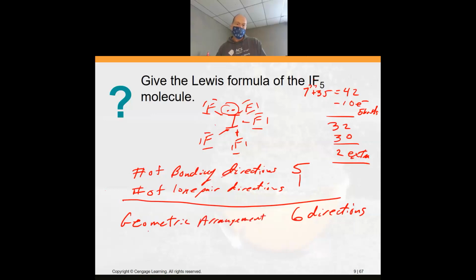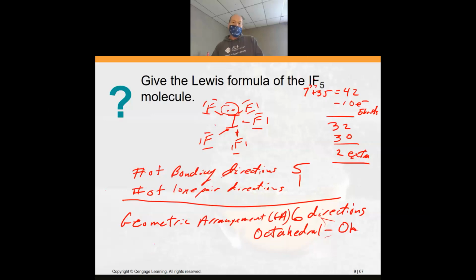All right, so geometric arrangement, I will always write GA. That means geometric arrangement. Every time you have 6 directions, your geometric arrangement is going to be octahedral. And again, OH is going to be my abbreviation for octahedral.